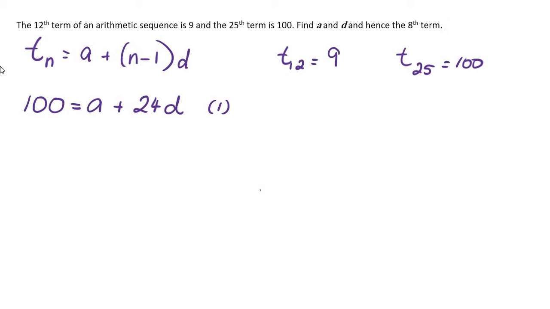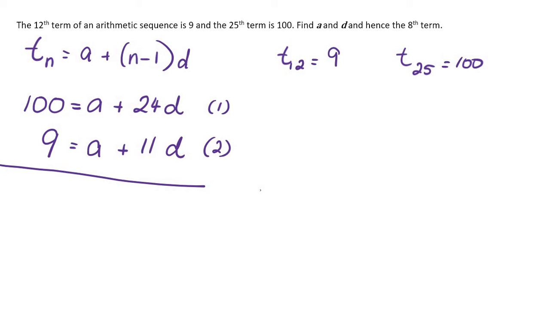Then if I look at this one here, I can say my 12th term is 9. So 9 is the value of my term, and that equals my first term plus n minus 1, so n is 12, 12 minus 1 is 11, times d. I can call that equation 2. So now I still need to find what a and d are.